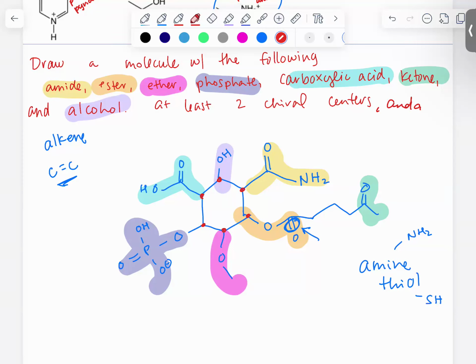If it was written vaguely as double bond, you could do hydrogen. And you have to make sure the formal charge is right, always, with everything. You could do oxygen, or you could just do a double bond. Okay, that was it. Thank you.